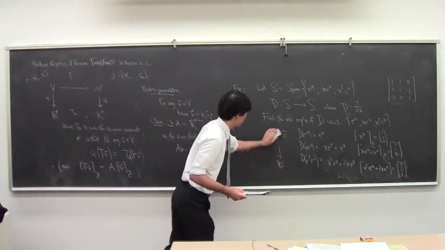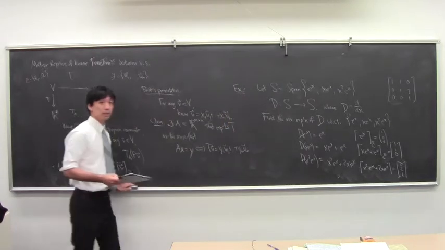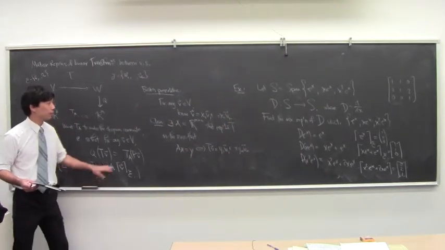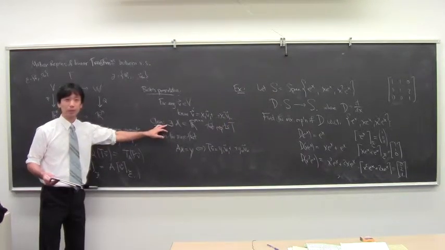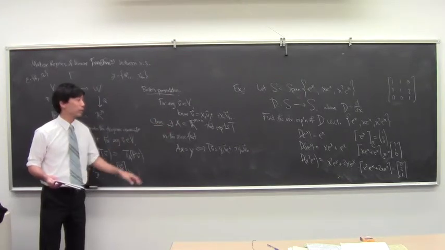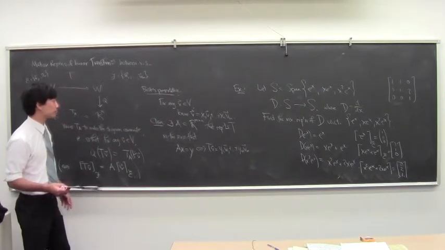So this is the book's expression of the matrix that represents the linear transformation T.